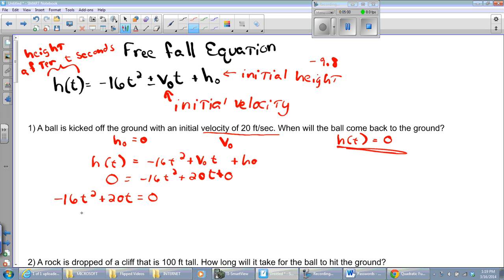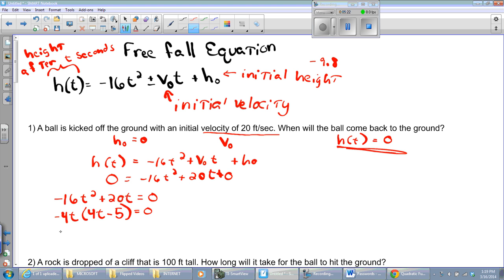And I'm going to factor out the GCF. I think I'll pull a negative out. I'll pull out a negative 4t. I'll be left with 4t minus 5, right? Remember factoring by GCF?